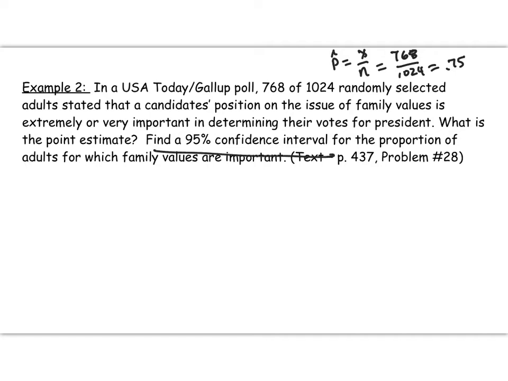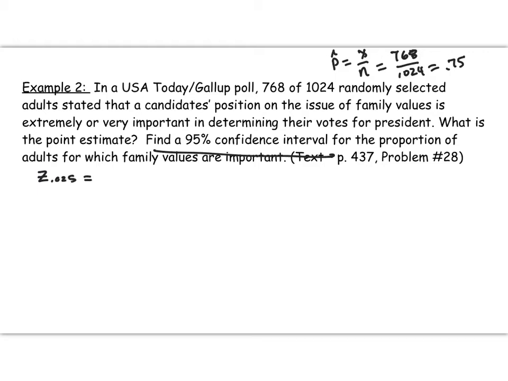Find a 95% confidence interval for the proportion of adults for which family values are important. All right, we want a 95% confidence level. That means that alpha is 0.05 and alpha over 2 is 0.025.